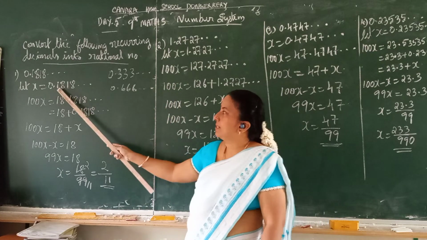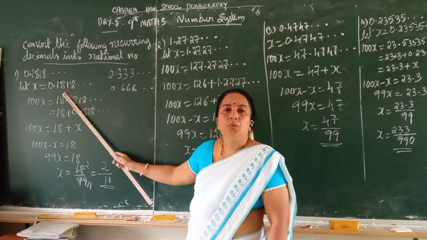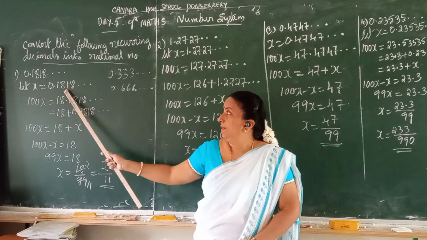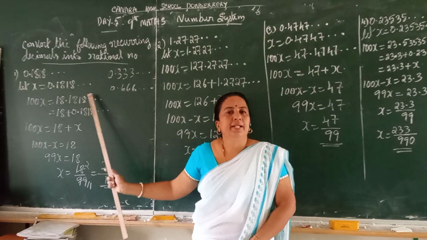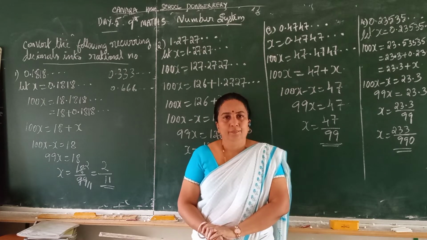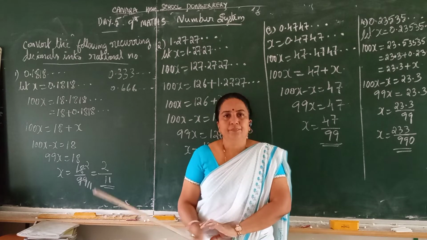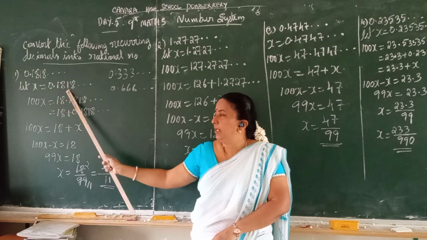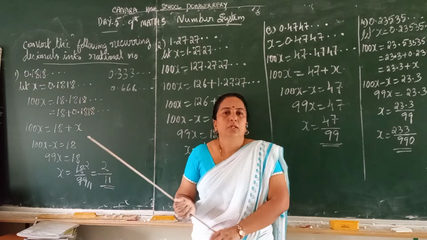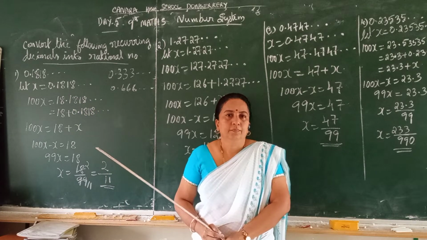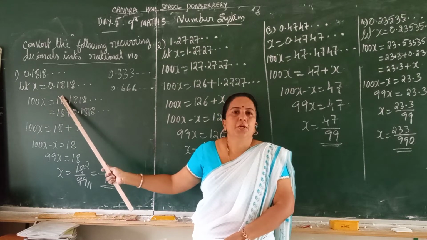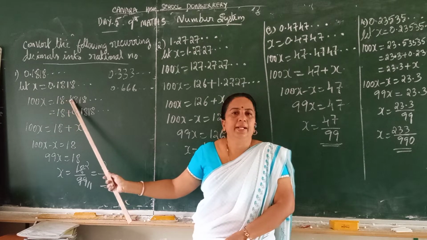In today's class, you can see 2 digits are repeating: 1818 repeating. In such cases, what to do? The procedure is the same. First, let us take x equal to 0.1818 and so on. Copy it in your notebook. x is equal to 0.1818 and so on.